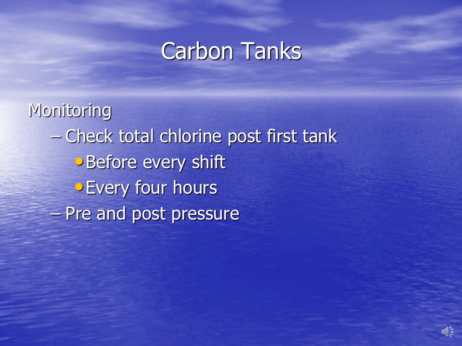Check total chlorine post first tank, and the requirement is before every shift, or if you don't have a shift, every 4 hours. And the pre and post pressure. Carbon can clog, so you can determine clogging of your carbon by sediments with an inlet and outlet pressure. If the inlet and outlet pressure differ by more than 10 psi, there's a probability that your tank is clogging.